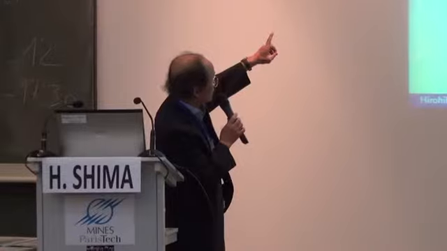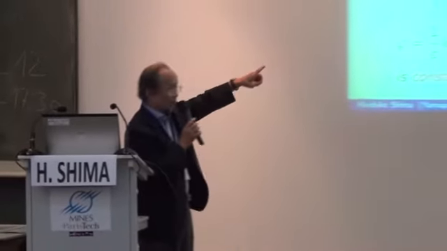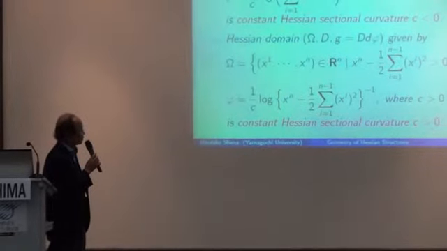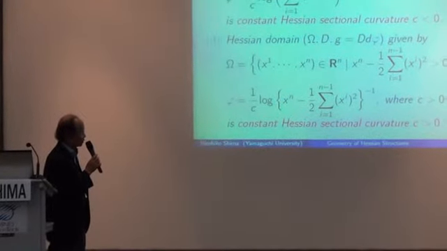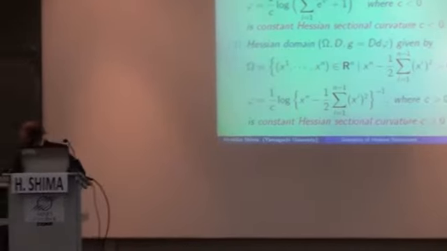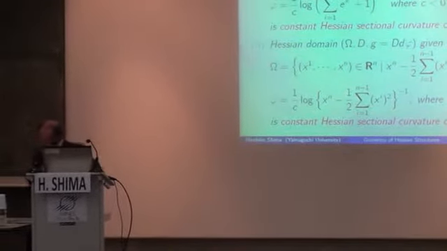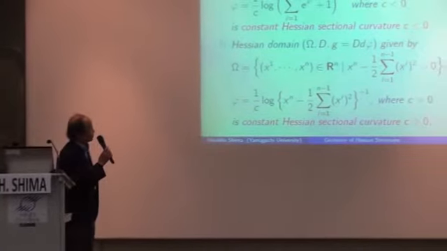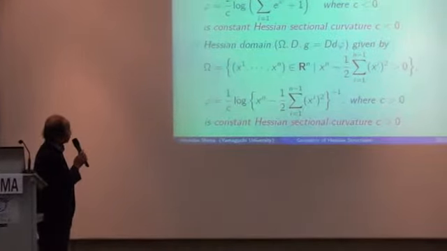In case 3, the domain is derived from a certain probability distribution induced from the normal distribution.